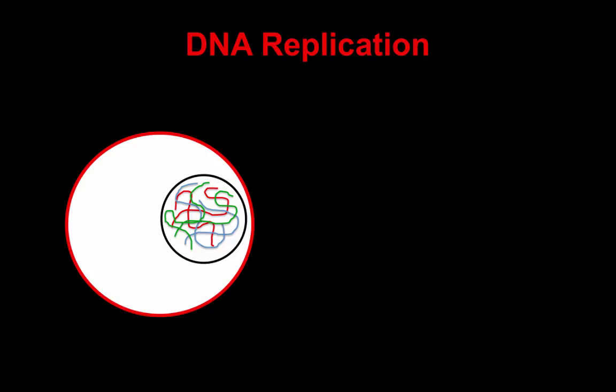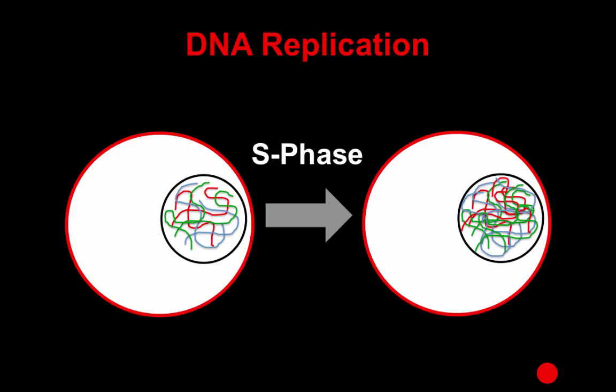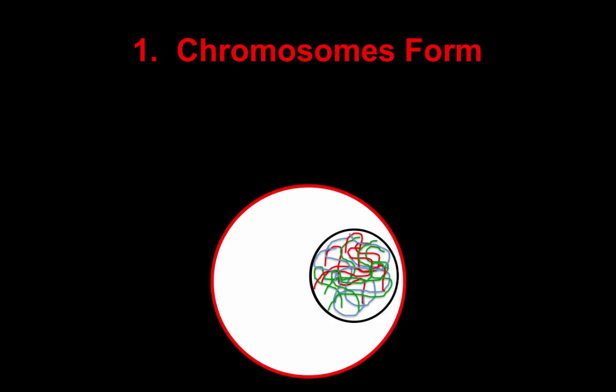So first, let's look at DNA replication. Here we have a cell, and it's going to go through S phase, and now you can see it has twice as much DNA. Now, the problem is that this DNA is not coiled up in any way, so it's kind of a mess. We need to get it all nice and pretty beforehand. So we're going to form chromosomes.